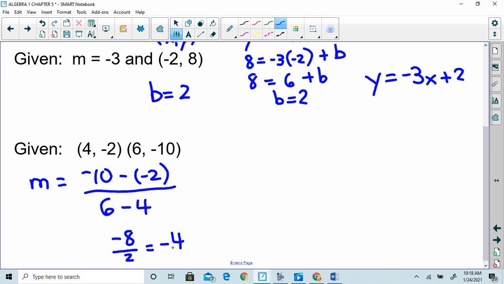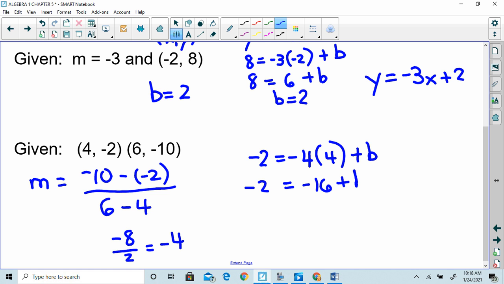Now that I have my slope, I need a y-intercept. So I'll choose a point, either coordinate ordered pair, and I'll take negative 2 is equal to my slope, negative 4, times my x coordinate 4, and we're solving for b. Negative 2 is equal to negative 16 plus b.